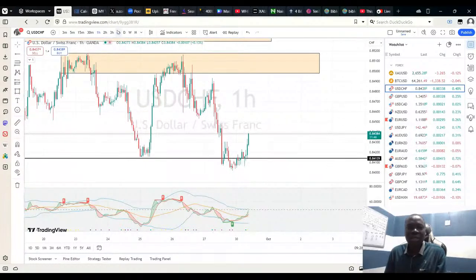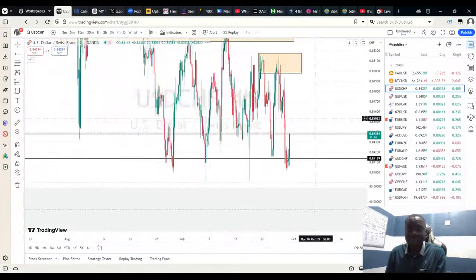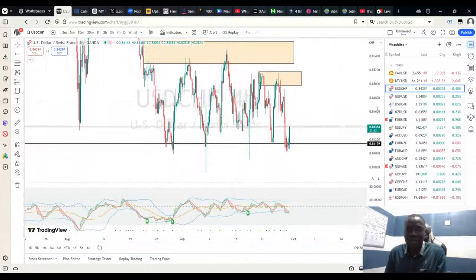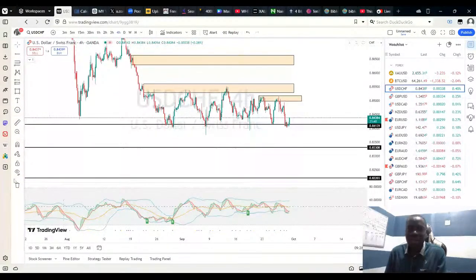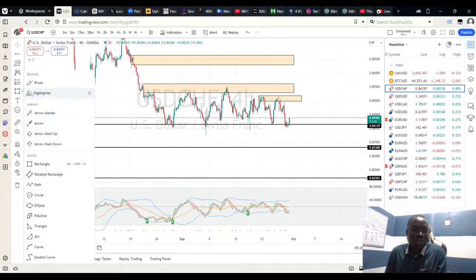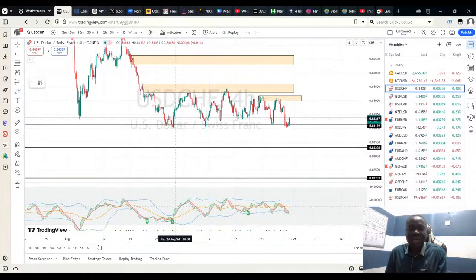Now, if we look at USD CHF very well, you can see that the market has been ranging. Like what I told us the other time, whenever you are looking at a market, they came to a particular place 3 times. Look at it, 1, 2, 3.